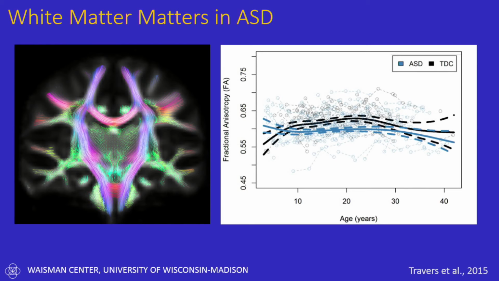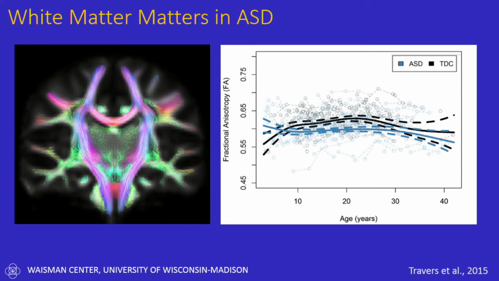This is being spearheaded by a 15-year longitudinal study that was really started by Dr. Andy Alexander and Janet Lainhart, following individuals across the lifespan with autism spectrum disorder, as well as typically developing controls.